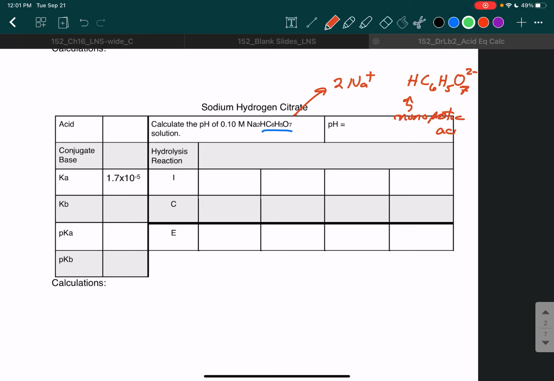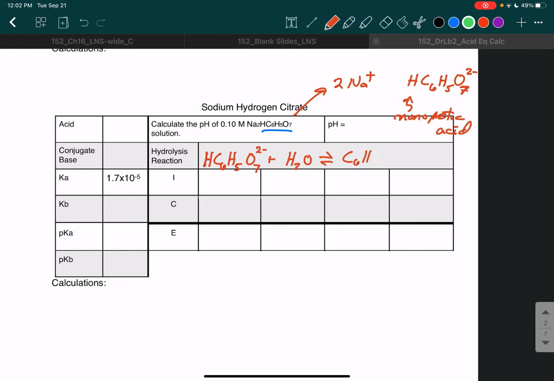And then that's what we would insert here, and you can abbreviate the molecular formula if you want to. Hydrogen citrate, plus H2O, equilibrium. That thing's going to act as an acid. That's the way this is set up.